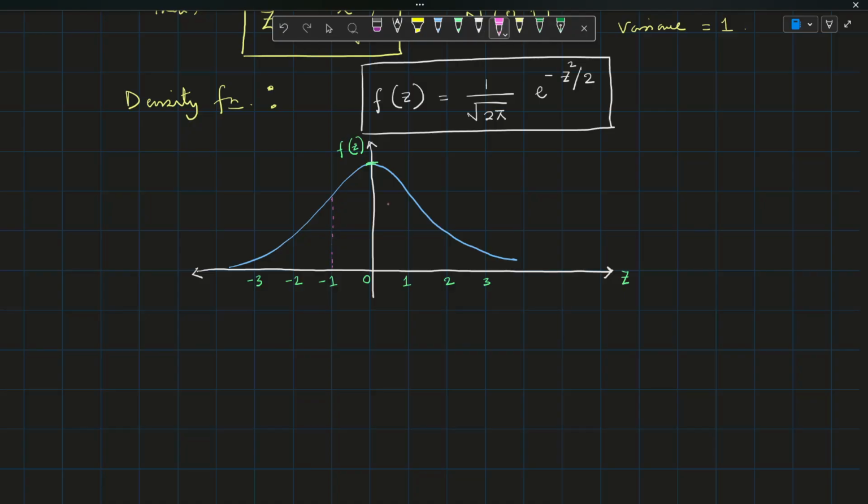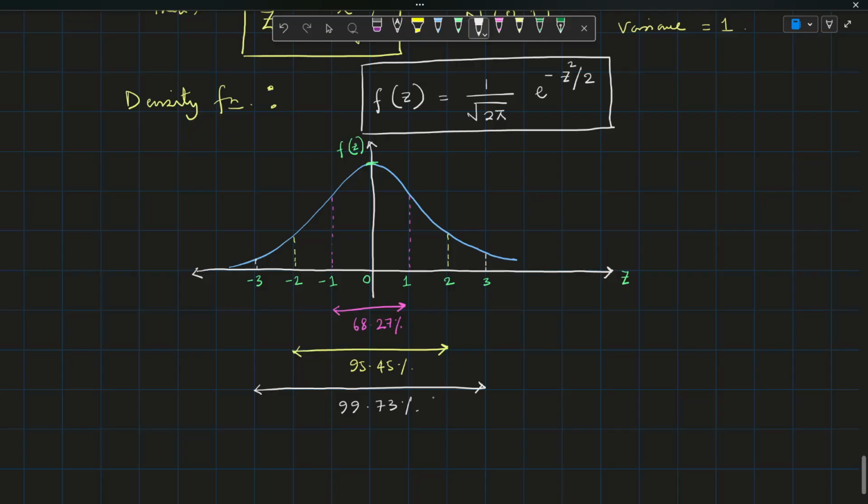Now in the region from minus 1 to plus 1, the probability that z will remain in this region is 68.27%. Similarly, the probability that z takes a value from minus 2 to plus 2 is 95.45%.